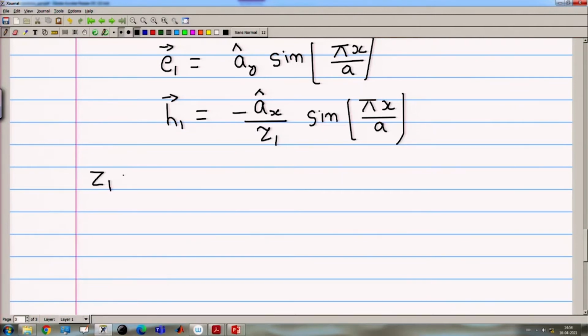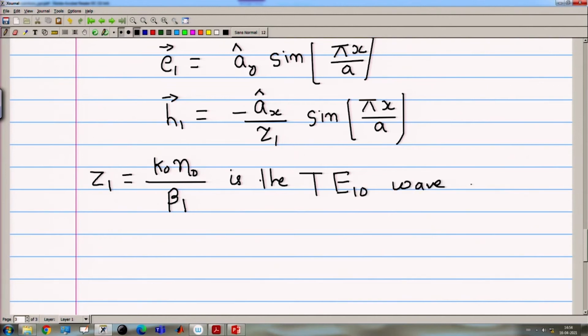The wave impedance for the TE10 mode will be k naught eta naught divided by beta 1.